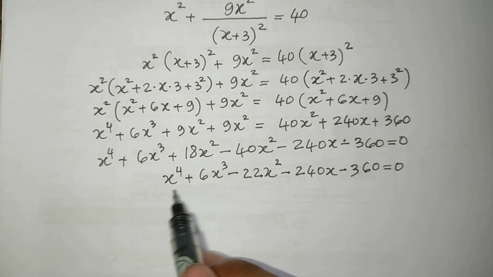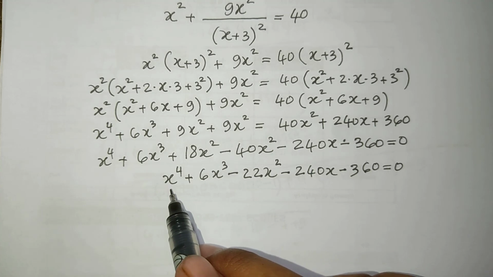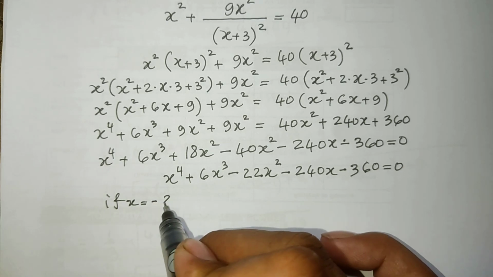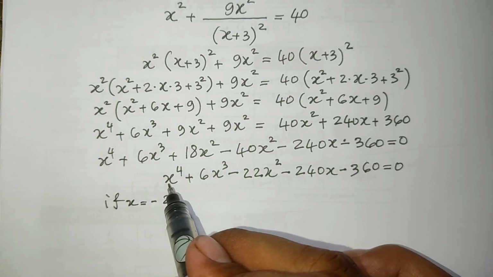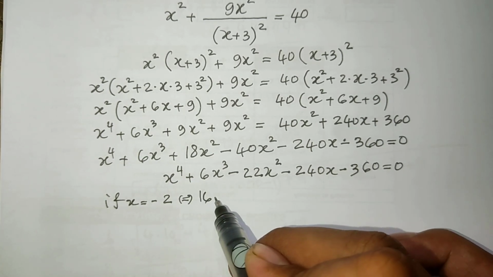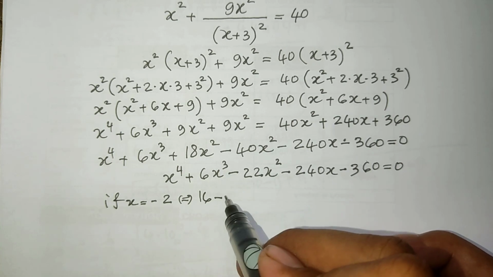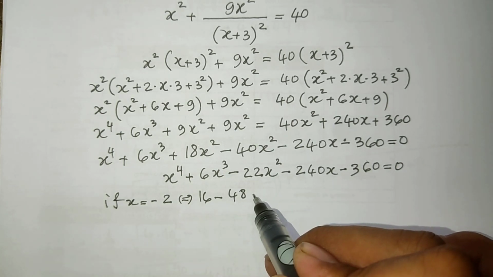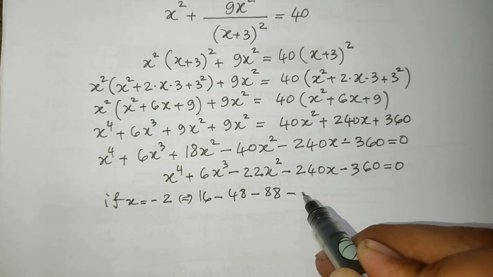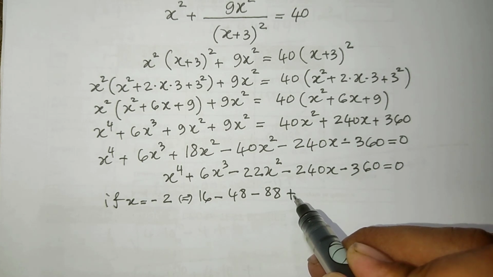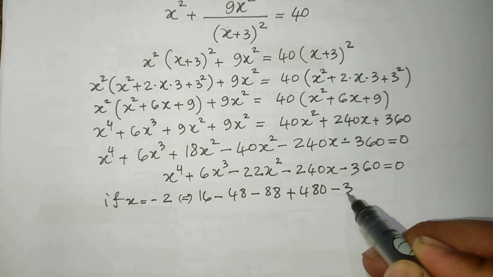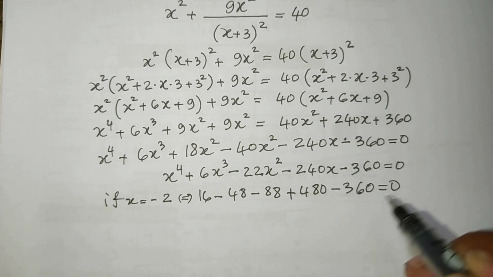When I replace x by minus 2, I get this: 16 minus 48 minus 88 plus 480 minus 360 equals 0.